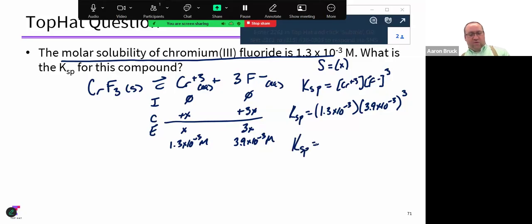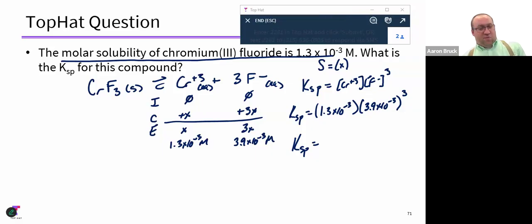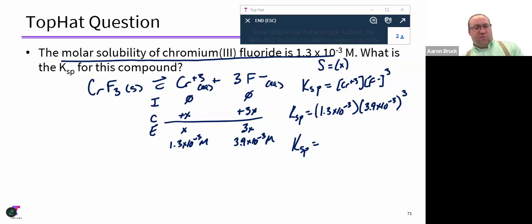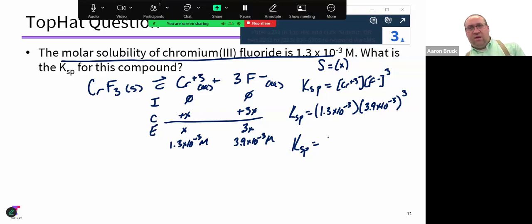We would get a KSP value of the product, which to two significant figures would be 6.4 times 10 to the... there we go. I'm sorry, 7.7 times 10 to the negative 11th. I must have hit a wrong number in my calculator initially. That makes a lot more sense.